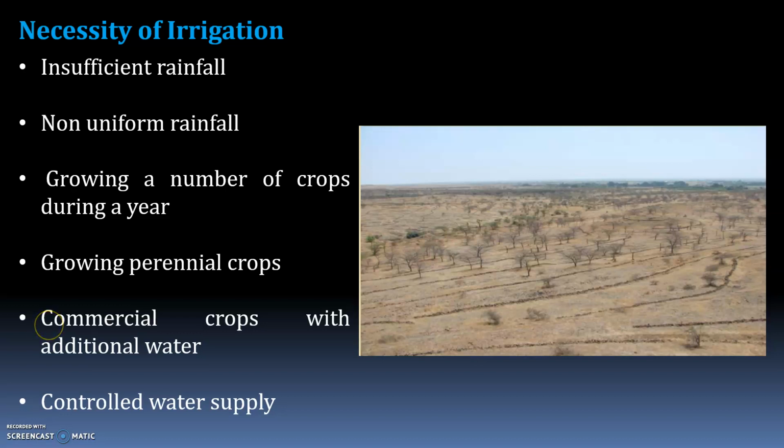So for that purpose, irrigation plays a very important role. The next one, the last point, is controlled water supply. Here, by constructing the proper distribution system, the yield of the crop may be increased because of the controlled supply of water.